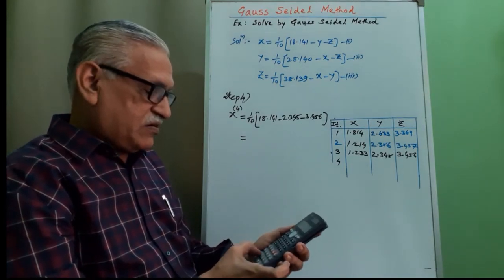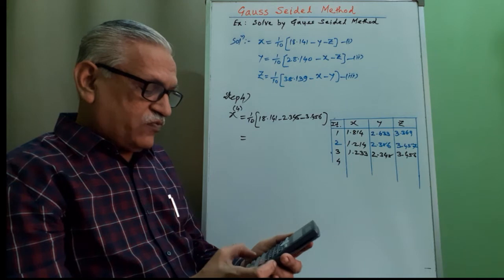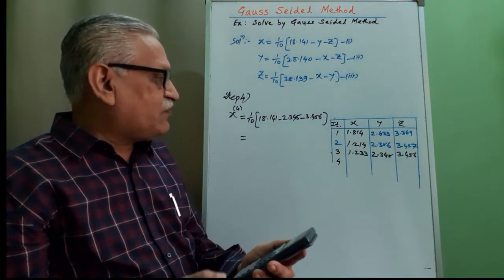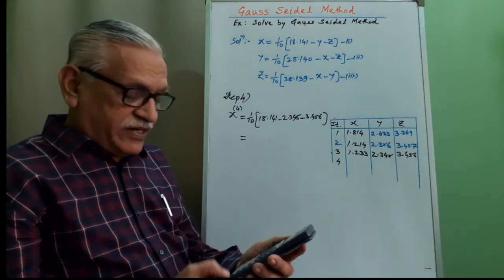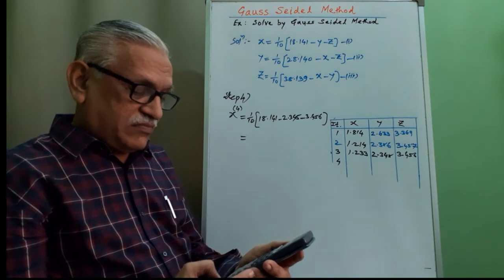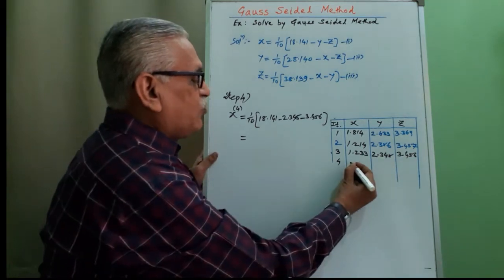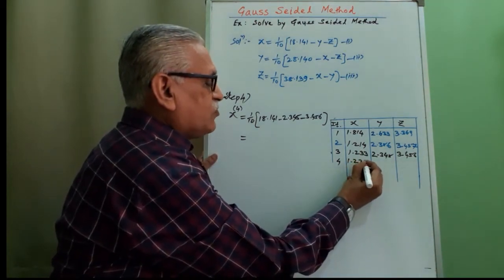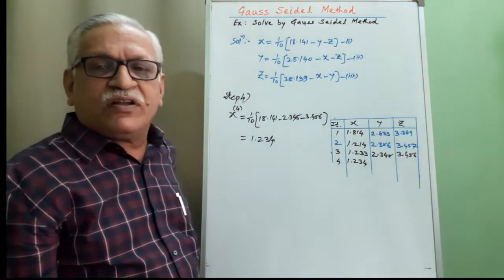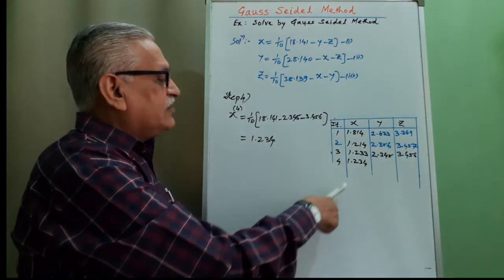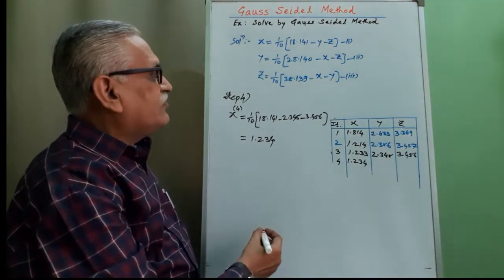Simplifying it by calculator, we get 18.141 minus 2.345 minus 3.456, into 1 by 10, we get 1.234. A new value for x. Then use this with z as 3.456 in equation 2.